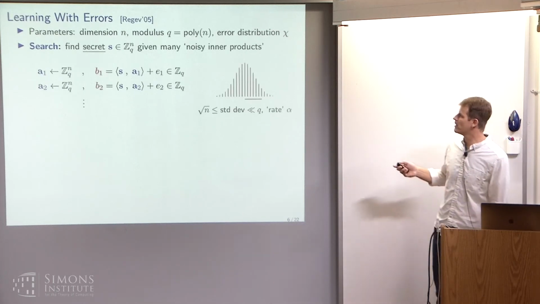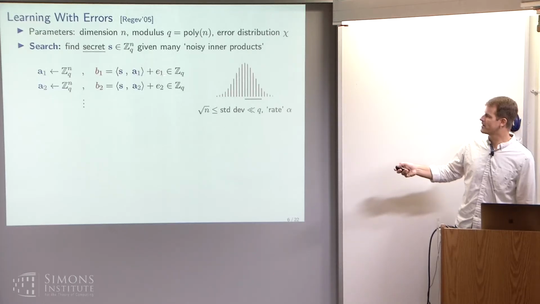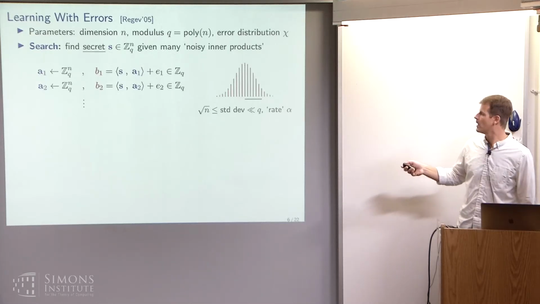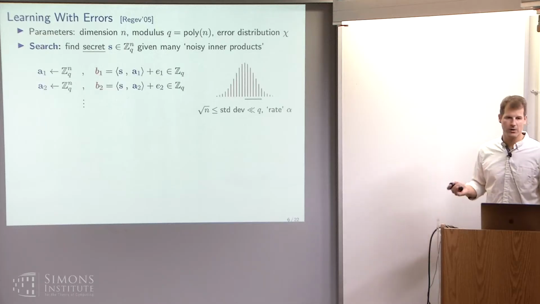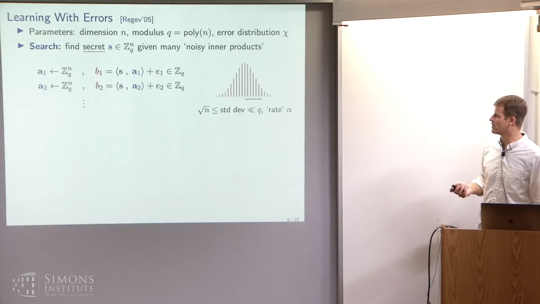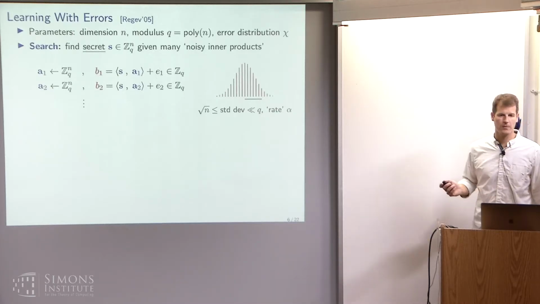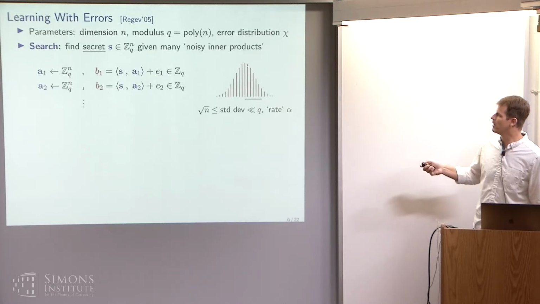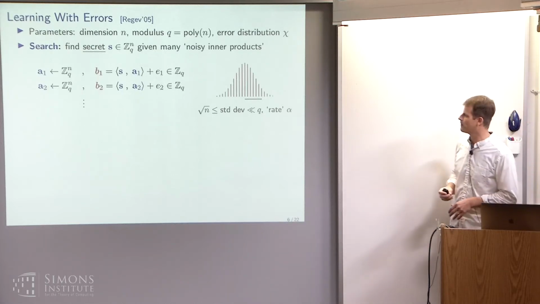A little more precisely, BI is S inner product AI plus EI, where EI is drawn from the error distribution. The typical error distribution we consider, because it's very friendly for the proofs and for how the systems behave, is a Gaussian-like error distribution like this. 0 is here in the middle with the highest probability, plus or minus 1 with almost that probability, plus or minus 2 a little less, plus or minus 3 a little less than that, and it tails off quickly beyond there.